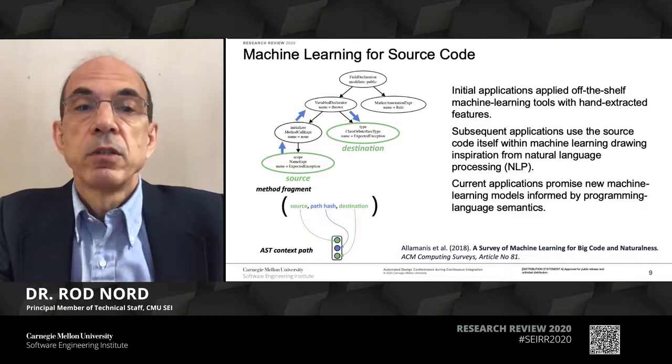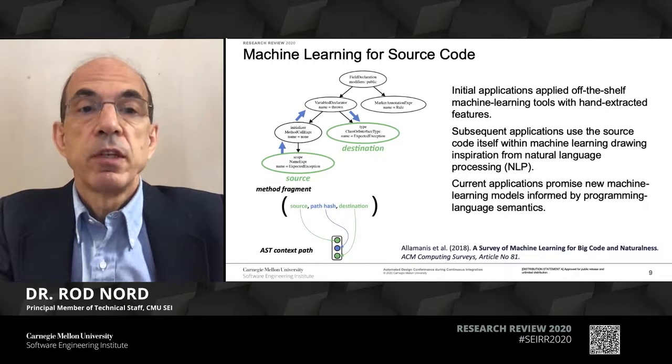Current applications promise new machine learning models informed by programming language semantics. Techniques claim to achieve semantic understanding of source code because they can, with modest accuracy, predict the name of a method from the source code it contains. These views of code are limited to those observable within isolated methods because the techniques use paths along a method's abstract syntax tree to make their predictions.